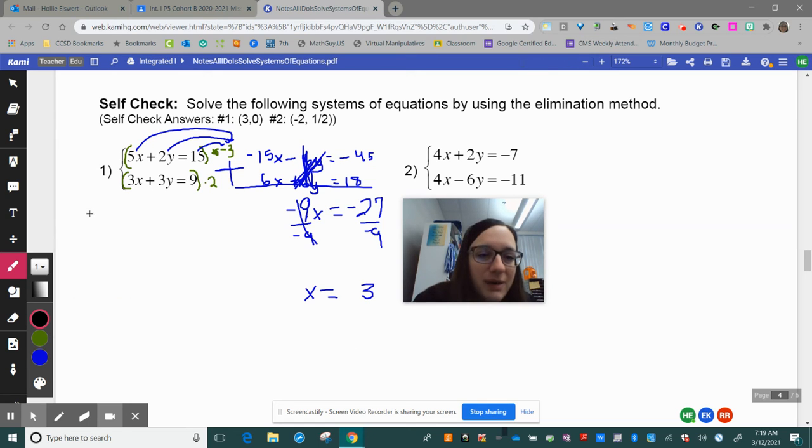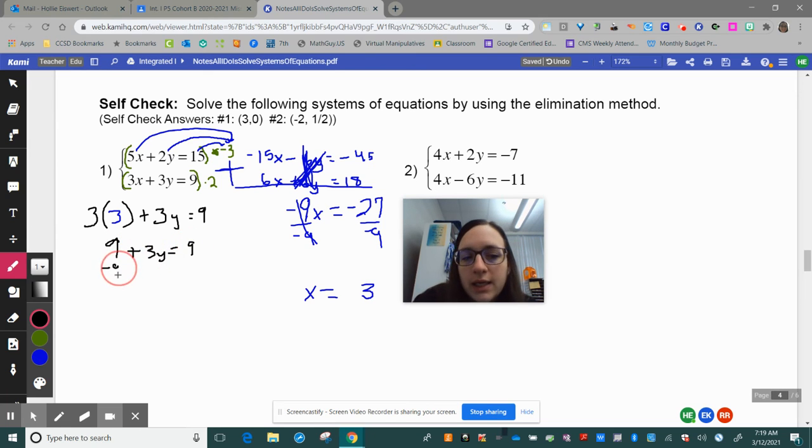So if we substitute this back in, we have 3 times x, which we just found was 3, plus 3y equals 9. All right, so we have 3 times 3 is 9, plus 3y is equal to 9. When we subtract 9, a lot of students, and especially on that test last time, were putting that 3y is equal to 0, and they'd be like, oh no, 0 means no solution.